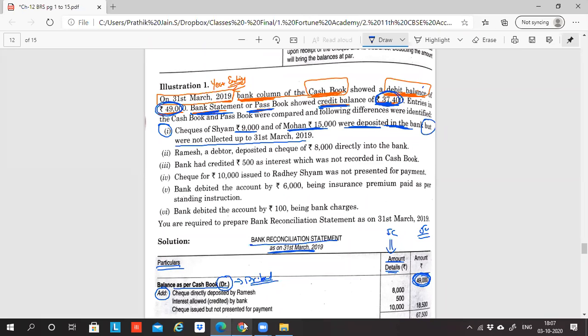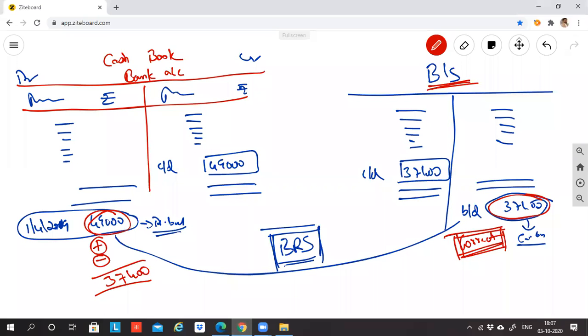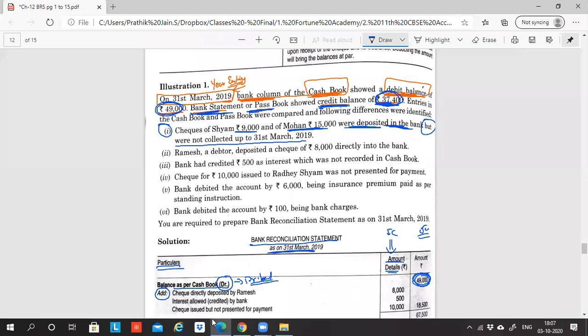Can somebody explain what is happening here? Rakesh, any idea? Looking at this first question, can you give me an outline of what is happening?